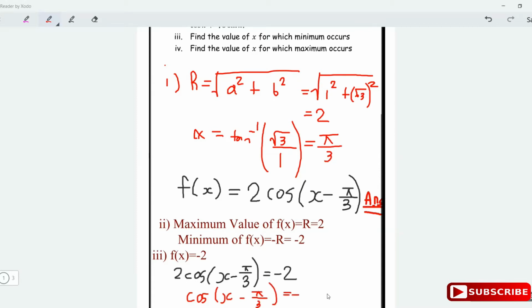So let's go ahead and solve that. Of course, if we're solving cos of x minus pi by 3 equal to -1, the first thing you have to do is draw your circle. We draw our circle.